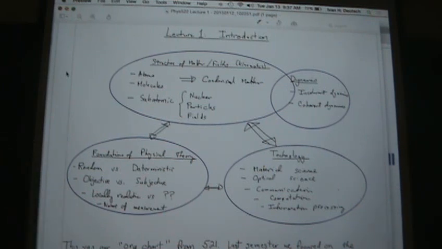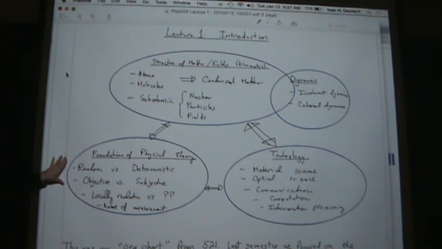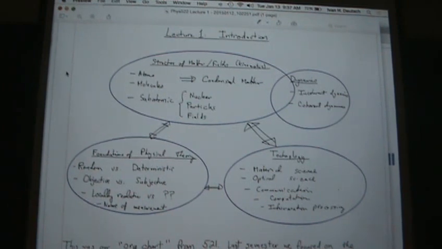Last semester, we really focused pretty much mostly here. We were setting up the basic foundations of the physical theory and understanding what quantum mechanics meant and how to use it and how to apply it.